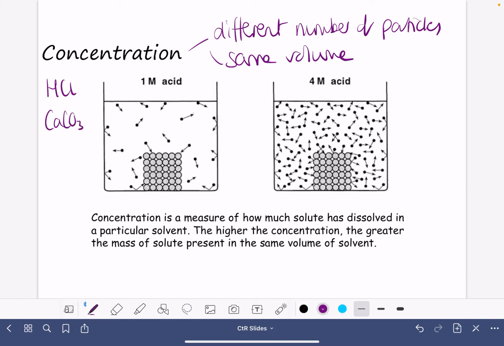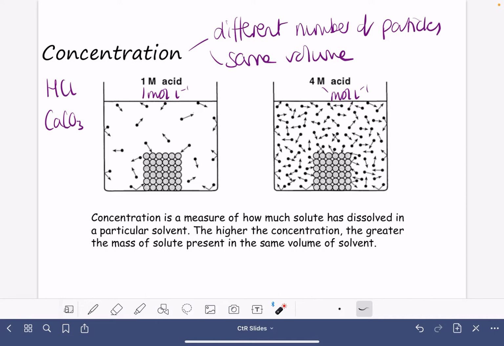In this one, we've got them both as the lumps, okay? But here we've got 1 molar acid. That can also be written as 1 mole per litre, the capital M. And that's just mole per litre. But we can see in the 4 mole per litre, we've got way more, 4 times more acid particles. So that would be hydrogen ions and chloride ions available to react at the surfaces. Okay, so increasing the concentration increases the reaction rate because we've got many more particles available.